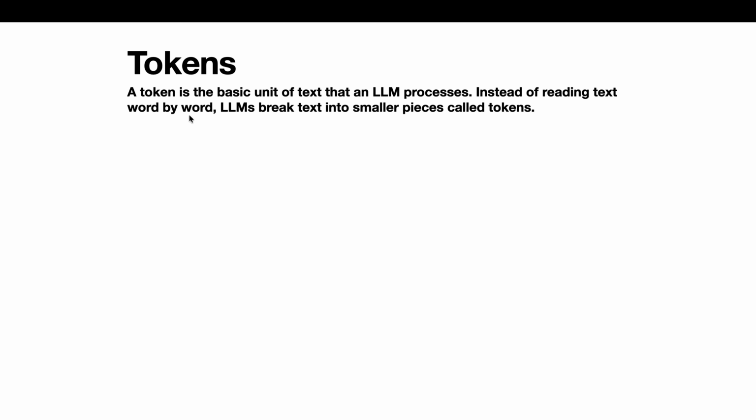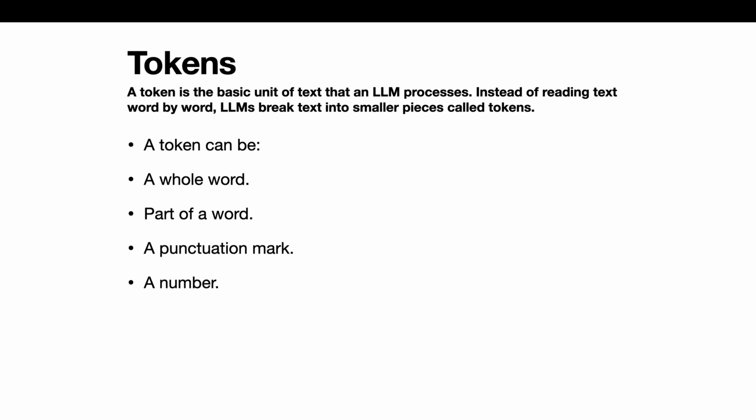A token is the basic unit of text that an LLM processes. Instead of reading text word by word, LLMs break text into smaller pieces called tokens. A token can be a whole word, a part of a word, a punctuation mark, a number, or a special character. Let me give you an example. See this here?